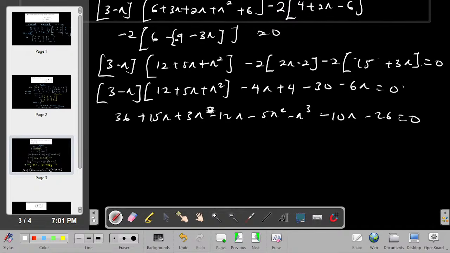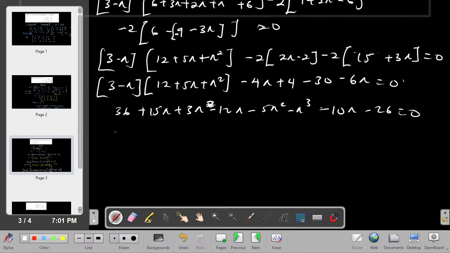You are still simplifying. Just open your eyes. I have my minus cube. It will stand out, right? Followed by my squared. I have 3 lambda squared minus 5, so that is minus 2 lambda squared. Then I'll have 15 lambda here, right?